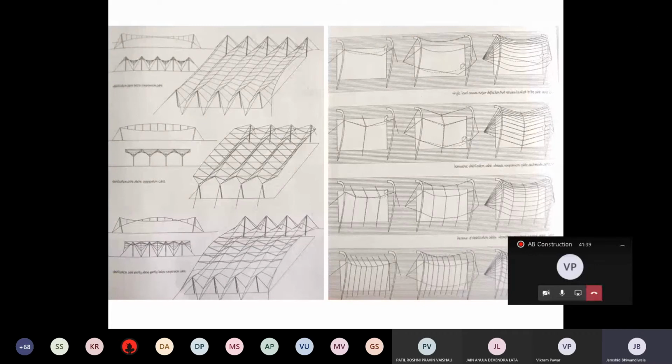the kind of tensile supports, both tensile supports as well as tensile cables, and how they can be used to create form making. To the right is more of just assembling the cables, but to the left is again a set of linear typologies that clearly allow you to use the cable with strutting in between.